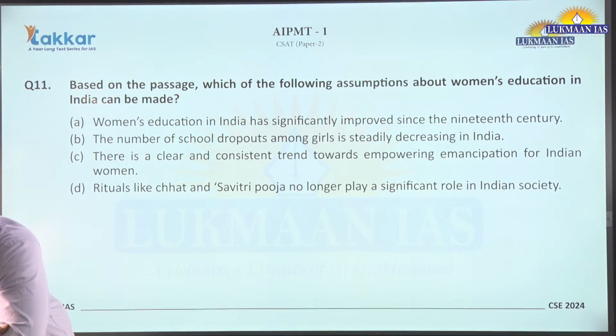It is not changing. The rituals Chhat and Savitri Puja that lead to perpetuating women's slavery show no signs of decline. Rather, they are growing as a fashion of the day. The phrase missing women, brought into circulation by Amartya Sen, is even now the unmistakable characteristic of Indian sociology.